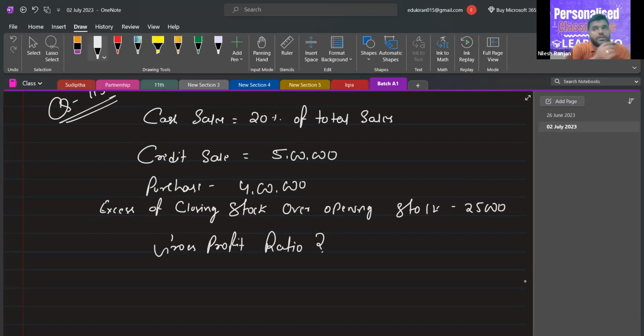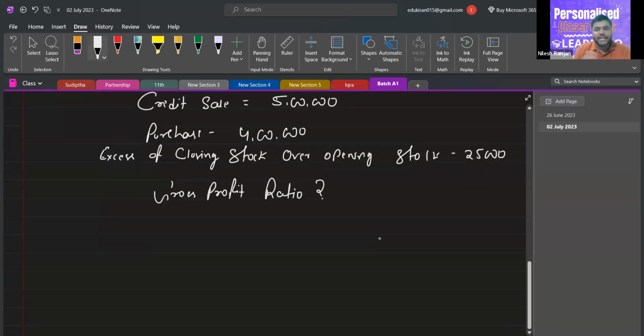What does it say? The gross profit ratio equals gross profit divided by net sales into 100. Now, for calculation of gross profit, you need net sales and cost of goods sold, because gross profit equals net sales minus cost of goods sold.